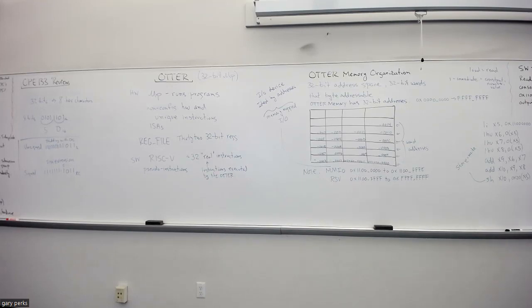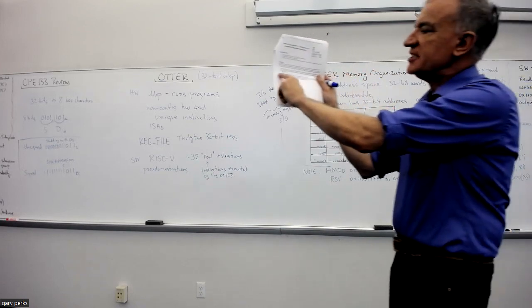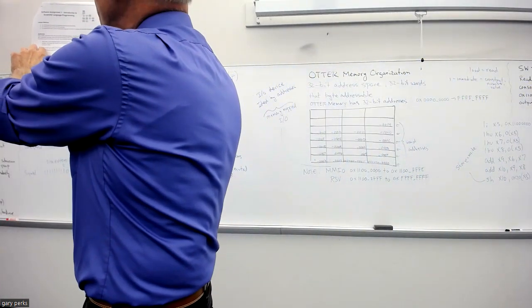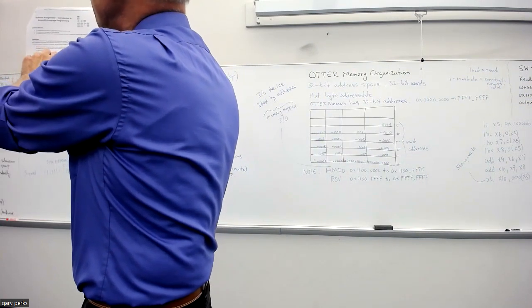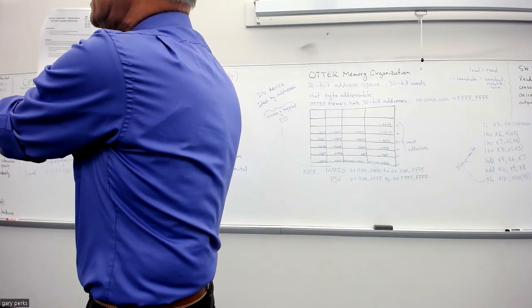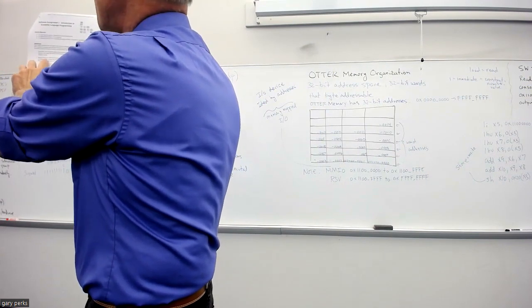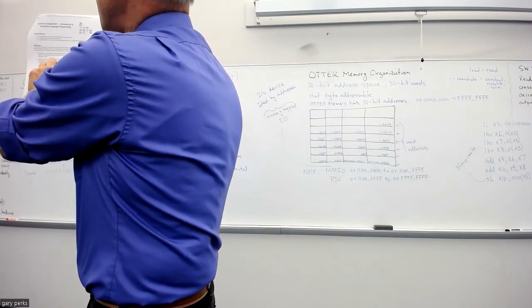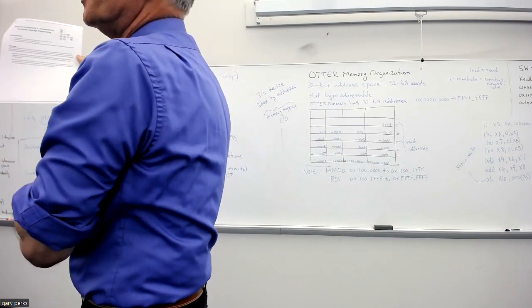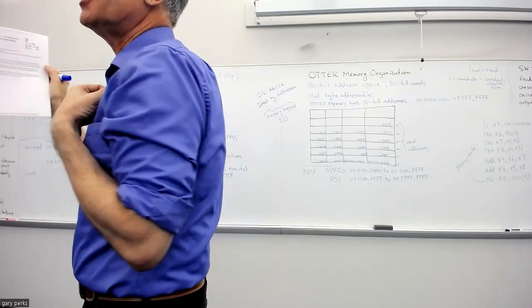Your assignment is just to do the second part, because we did the first part in class. The second part: read an input from the switches, same address. Assume the input is 16-bit signed in 2's complement. Change the sign of the input and then output the result to the LED. It's actually fewer instructions than this one was.